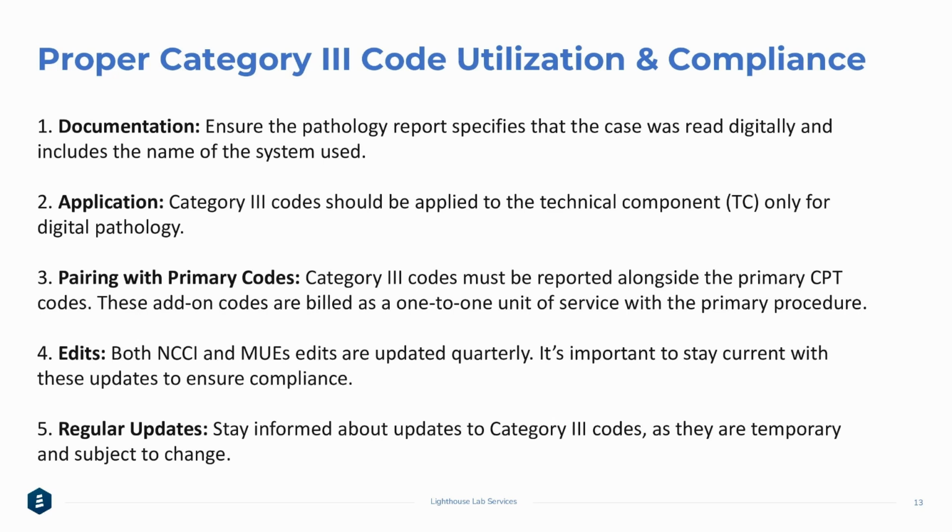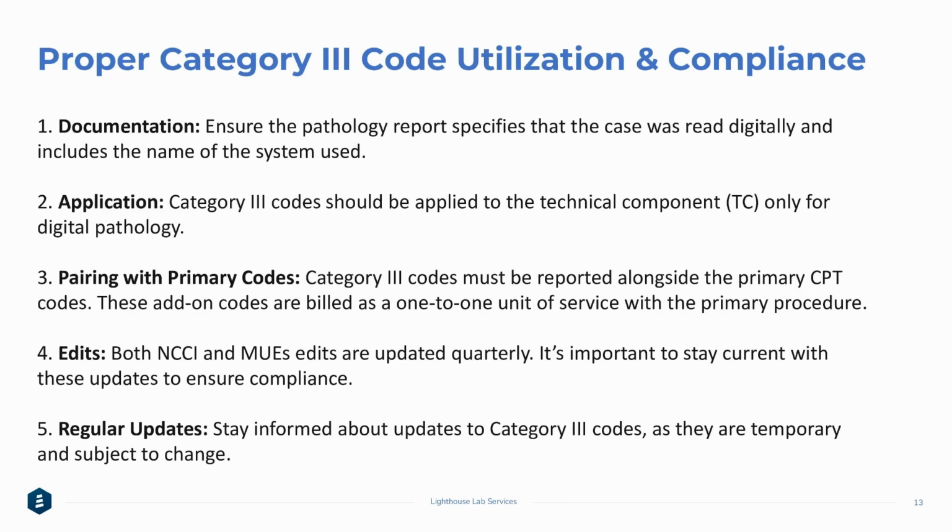That's something to consider. The application for Category 3 code should be applied to the technical component only for digital pathology. However, in 2024, we did see some additional codes, such as peripheral blood smears, that do not have a separate TC/PC component.